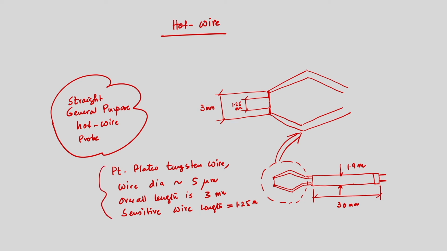So, the wire is platinum plated tungsten wire, wire diameter is 5 micron, overall length that is shown in the enlarged view is 3 mm, but out of this overall length there is a small length which is known as sensitive length, and that length is 1.25 millimeter.